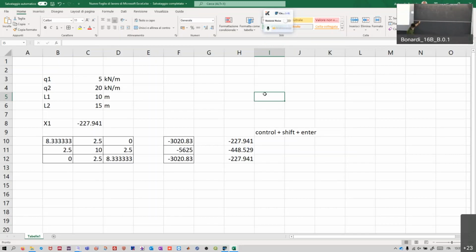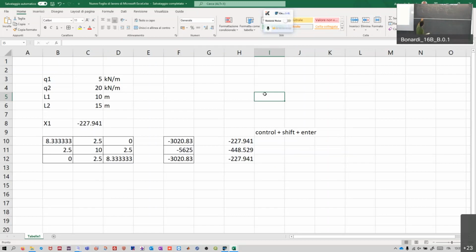Is it right? Yeah. I hope I don't mess up because I solved with the superposition principle and now I'm trying to do all together. So we have VA times L1, which is the lever arm of VA, minus the influence of Q1.